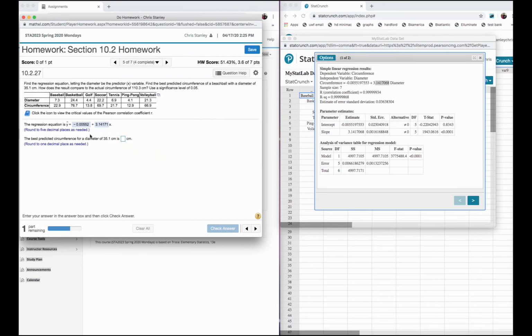Okay, predicted for a diameter. This is a great model, by the way. Look at how high that R is. This p-value is really small, so we have to put this 35 into that x right there. Let me change the color. That 35.1 needs to go inside that x, be multiplied here and then added over there.